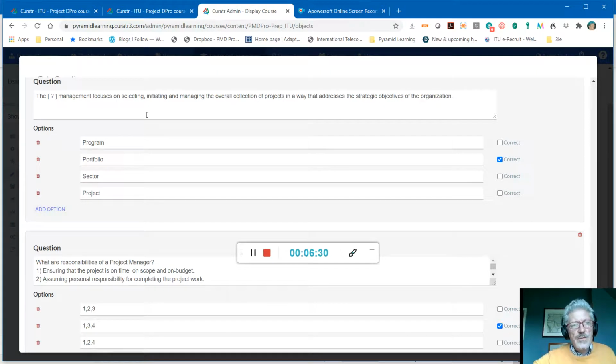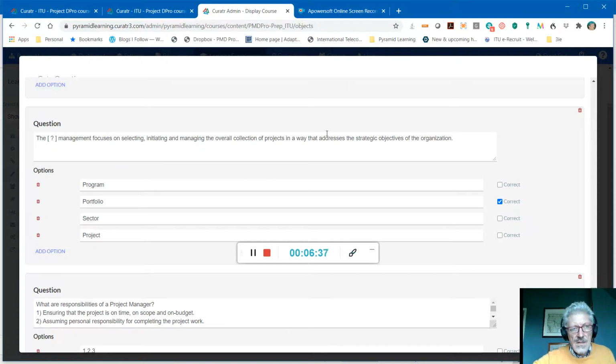Next one, the management focus on selecting, initiating, managing the overall collection of projects in an organization, what is this? Program, portfolio, sector, project. Okay, well, we know it's not project because we've already described what a project is. This has got nothing to do with it. So 50-50, portfolio or program.